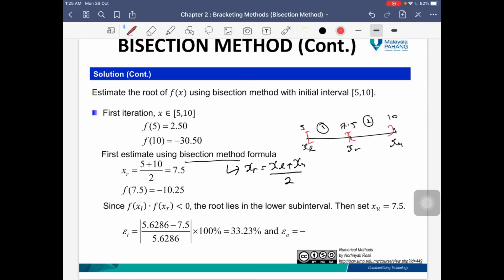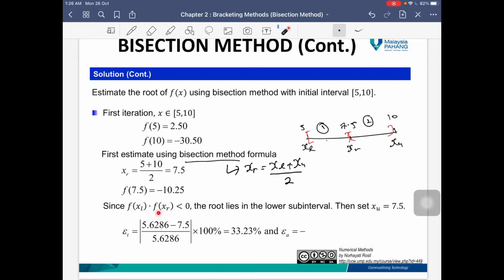Now we need to decide whether our root lies inside the lower subinterval or inside the upper subinterval. So we check by using this conditional test.